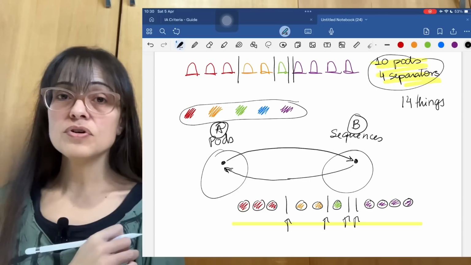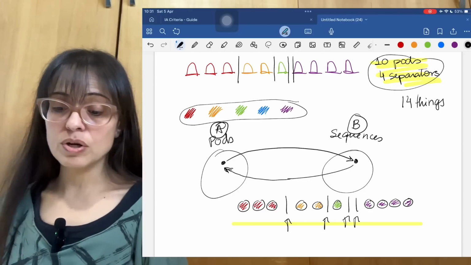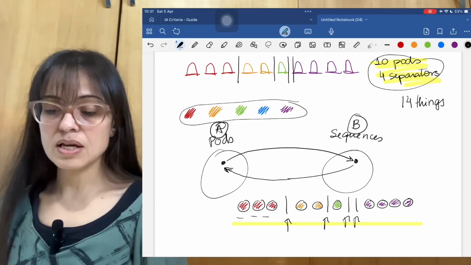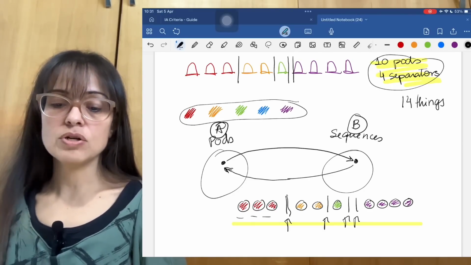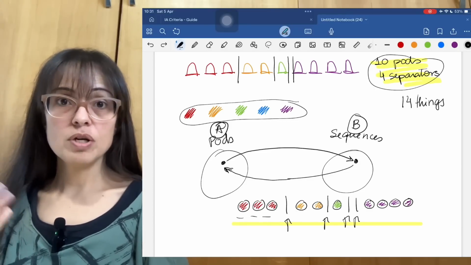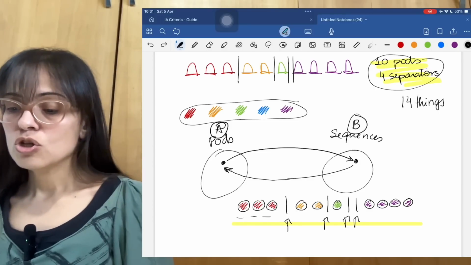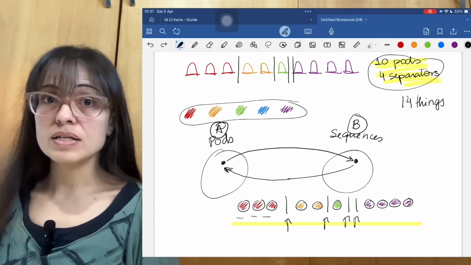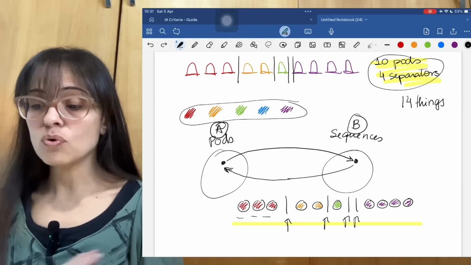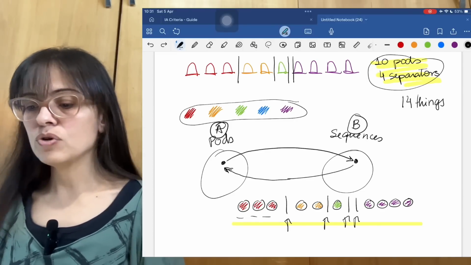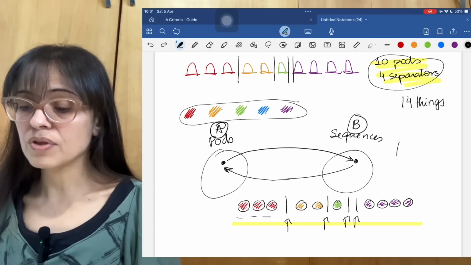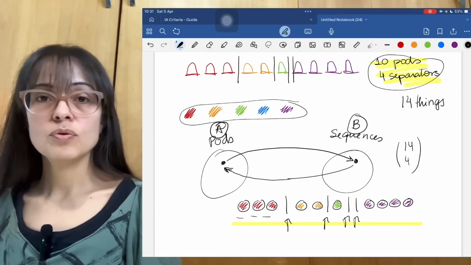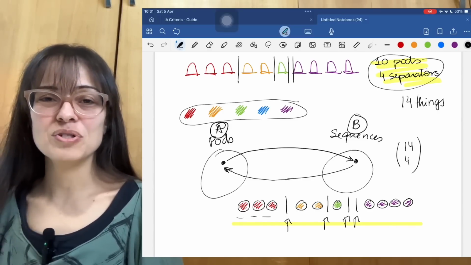Do the pods come first and then the separators, or the other way around? How long does it take to find the first separator is going to determine how many pods are read, and so on. So in how many different ways can I make a sequence of 14 things out of which 4 are separators? So, well, that is 14 choose 4, which is a very easy number to calculate.